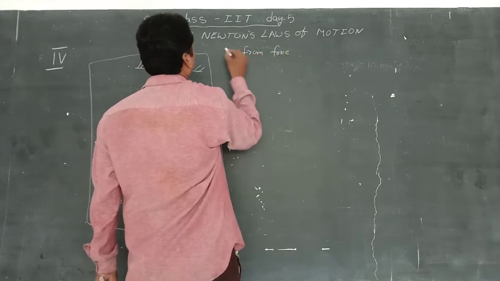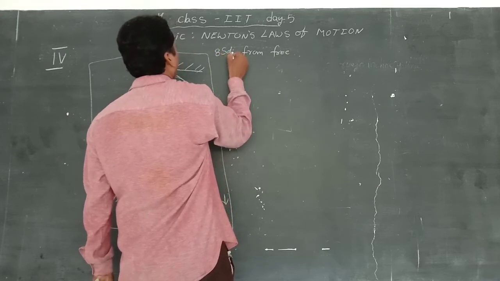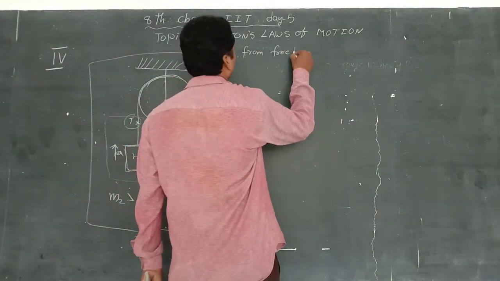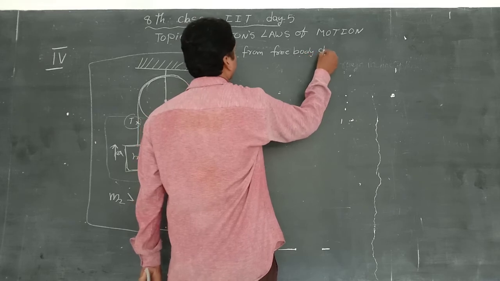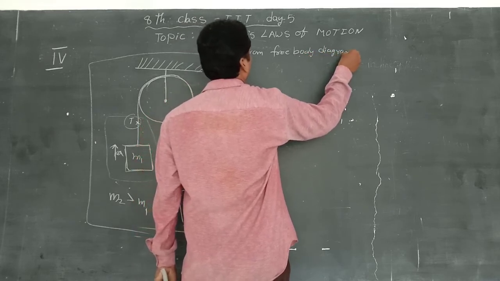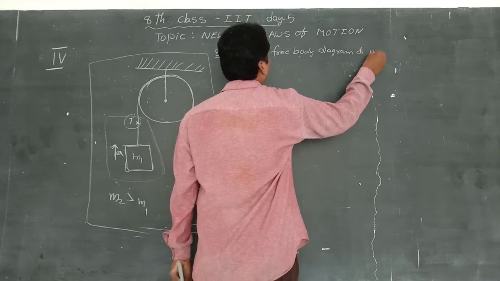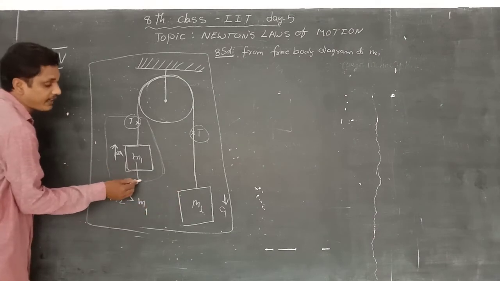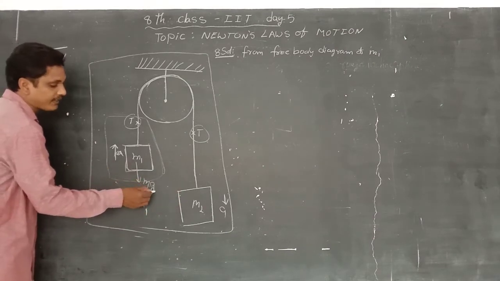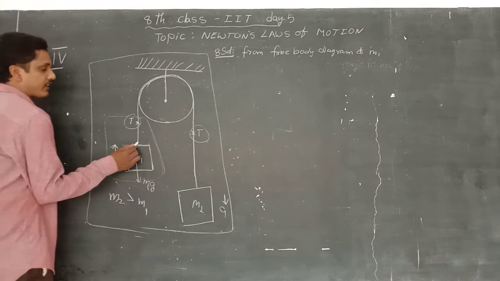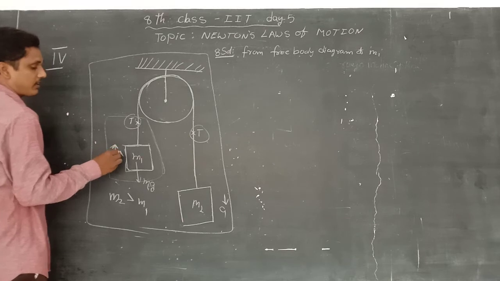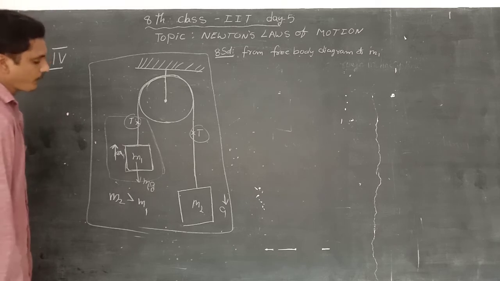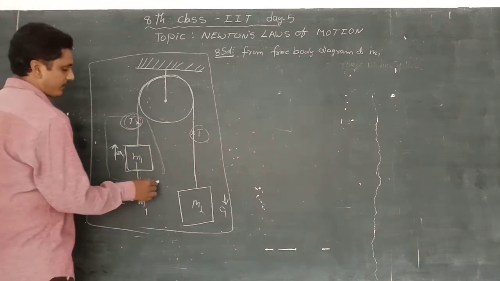8th solution, page number 16. From free body diagram of M1: weight of the body acts vertically downward direction, that is M1 g. Tension acts vertically upward direction and acceleration is also upward direction. So here tension is greater than weight of the body.